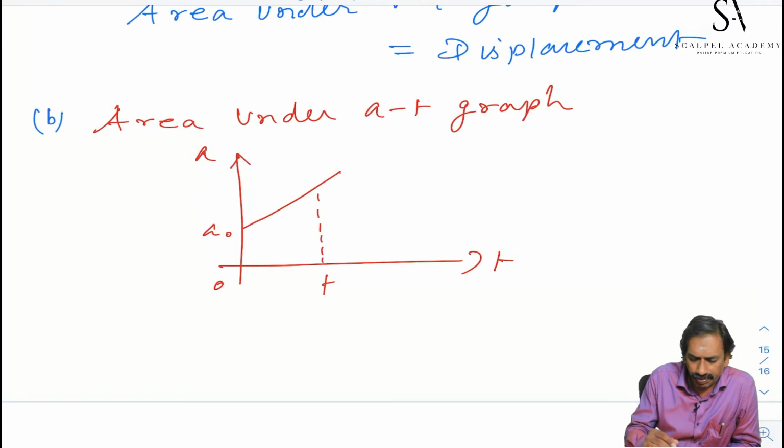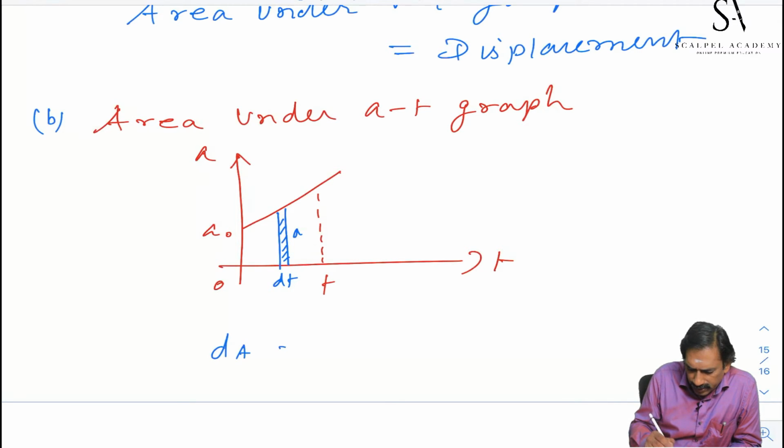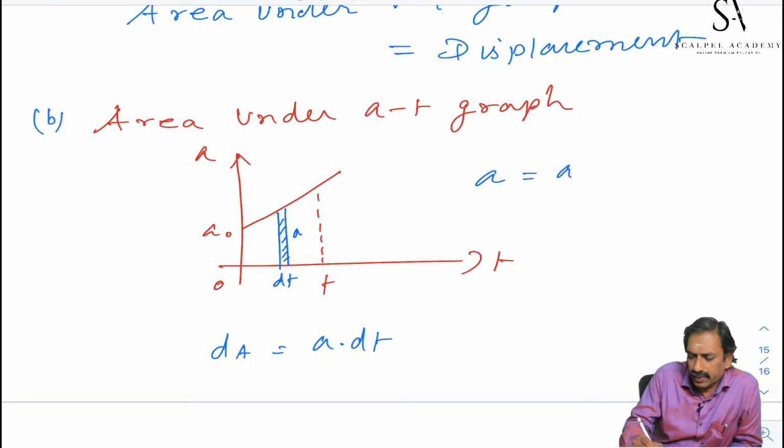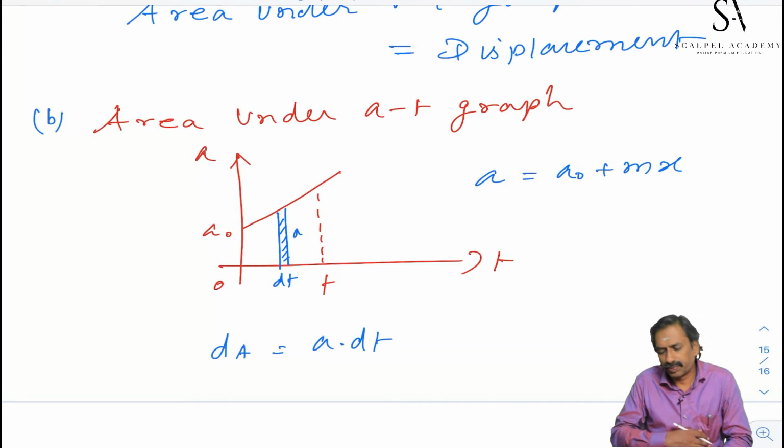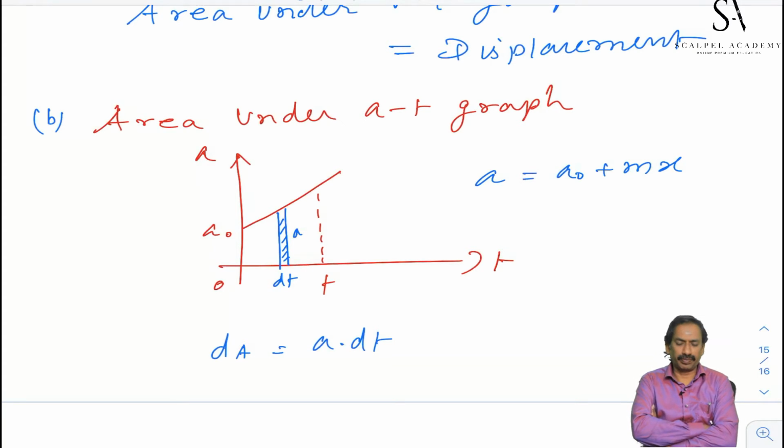Let us see that. Let us take an element, elemental area. This is area dt, then area of the element is equal to A into dt. A is equal to a naught plus mx. M is the slope. What is meant by rate of change of the AT graph?